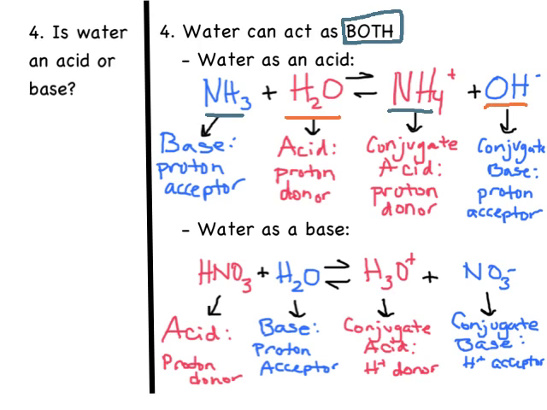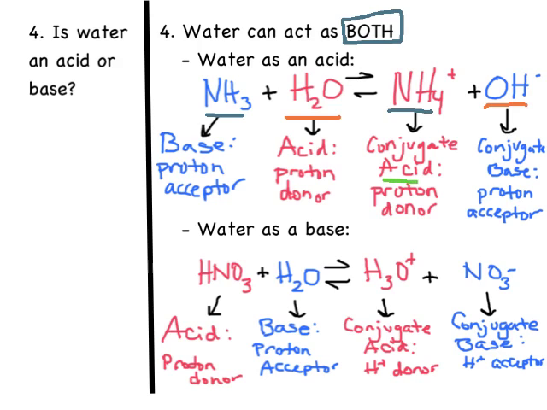So you're always going to want to distinguish one from the other. Remember, the NH3 turns to NH4 in the end, so it is the proton acceptor, which makes it the base. And H2O gives away a proton, so that makes it a proton donor, which is the acid.